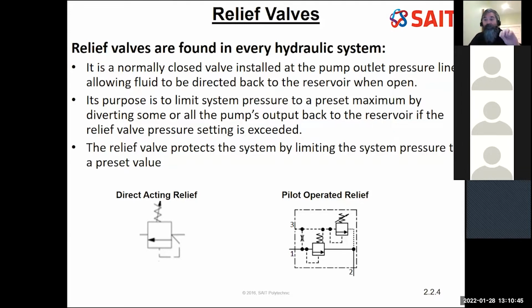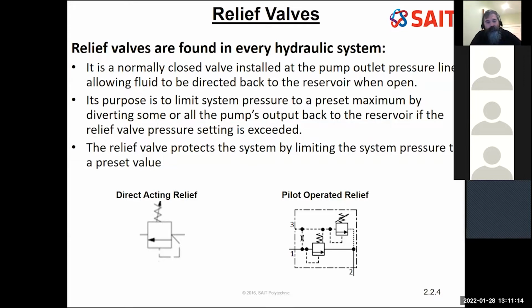So let's do that flow diversion from where the flow is created in order to set that maximum pressure in the system. And if the pressure increases, the valve opens, the fluid is dumped back to the reservoir, and maximum pressure is maintained until the pressure required in the system drops. Okay, so it's set to a preset condition, and it just runs.